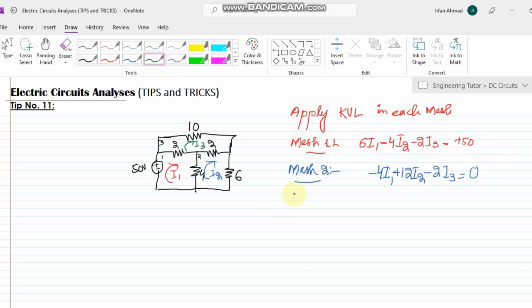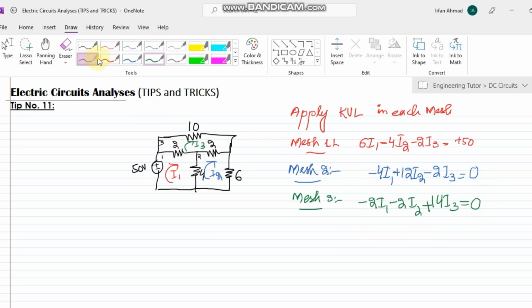Similarly, in mesh number 3, I have 3 resistors, 2, 2 and 10, so adding them together I have 14I3, and it is always positive. This 2 is shared with mesh number 1, so I write minus 2I1. This other 2 is shared between mesh number 3 and mesh number 2, so that would be minus 2I2. As there is no voltage source here, I write 0.